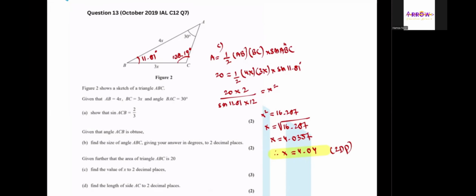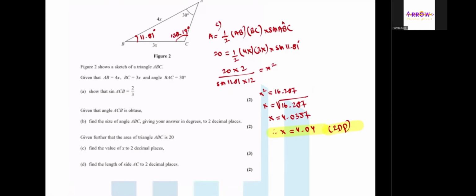So now let's move on to the last part. In part D, it says find the length of the side AC correct to 2 dp. So we need to find the length of this side AC. We can do many things here.